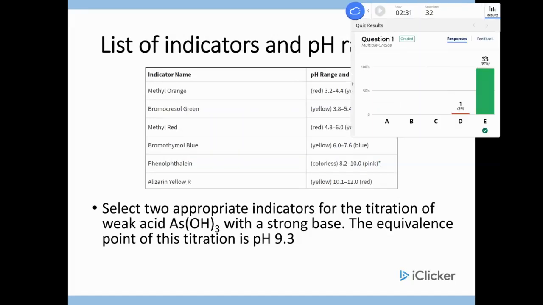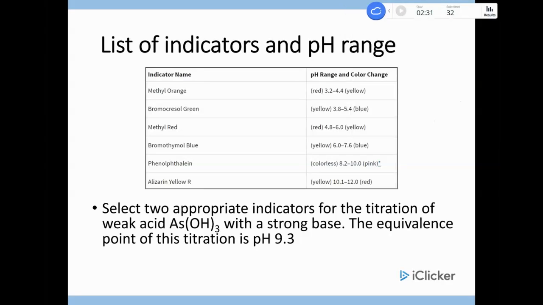Let's see what we're looking at. Okay, pretty good. So for this pH 9.3, we want the pH range of the color change to overlap with pH 9.3. So of your options, phenolphthalein, that was kind of obvious from the previous slide, which I didn't realize when I put this iClicker together, but that's okay. That is a good option.